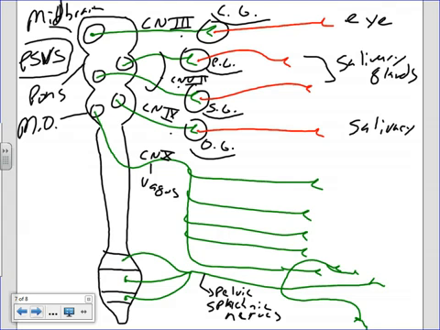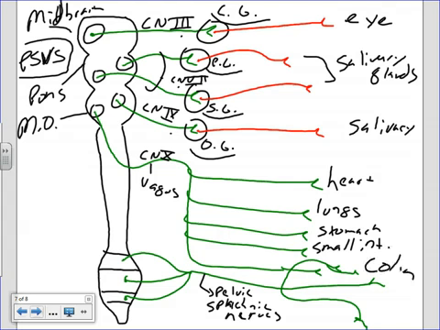It goes down and innervates the heart and the lungs, so it influences activity of the heart, the lungs, more specifically the bronchioles, your stomach, small intestine, your colon, your urinary bladder, and reproductive areas, or genitalia.